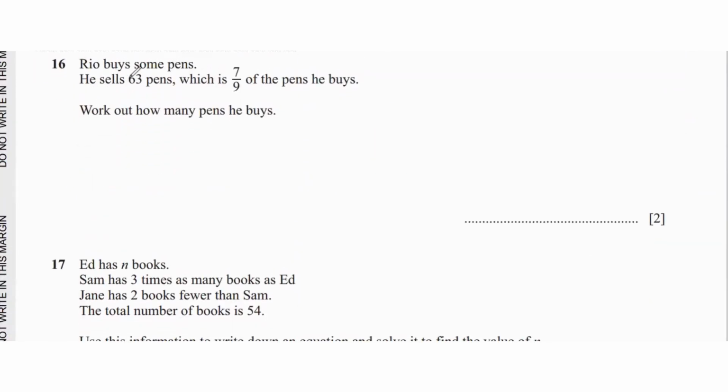Question 16 says Rio buys some pens. He sells 63 pens, which is 7 over 9 of the pens he buys. Work out how many pens he buys. So 63 pens which he has sold is basically 7 over 9 of the pens he bought. So if you translate the statement into an equation, that's 63 equals 7/9 of x.